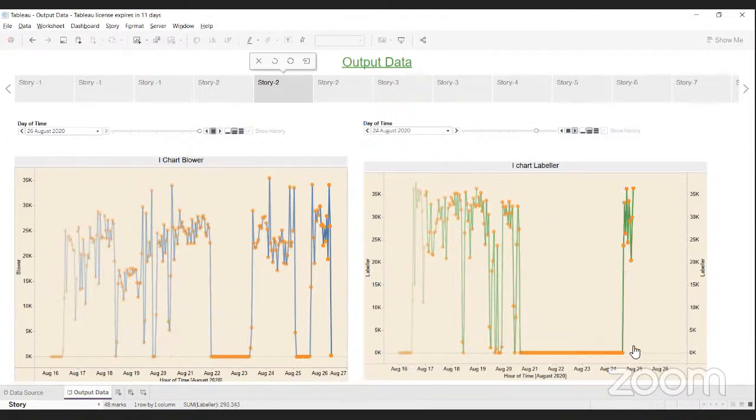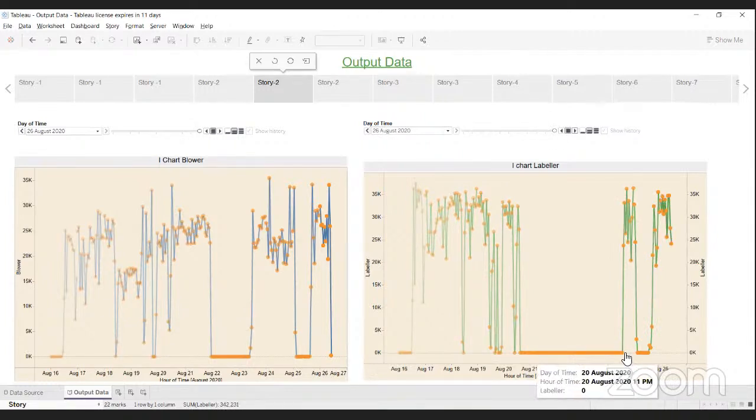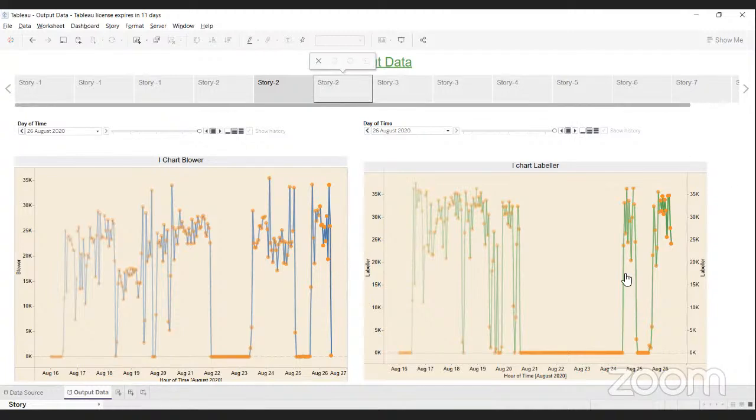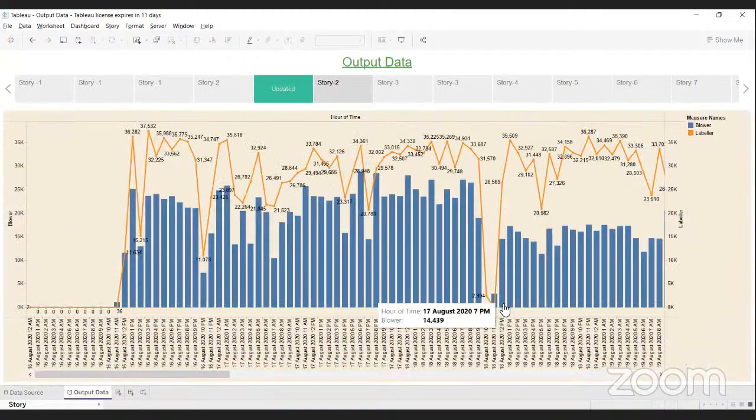We can see there's a lot of erratic behavior or downtime for the labeler compared to the blower, especially from August 21 to 24 for the labeler, and for August 22nd and 23rd for the blower. So we can go back and understand what exactly went wrong on those days, ideally the 22nd and 23rd, when both machines were not performing. Right, so this is an overview of animated charts, and this is a comparison of blower and labeler performance when it comes to output data.